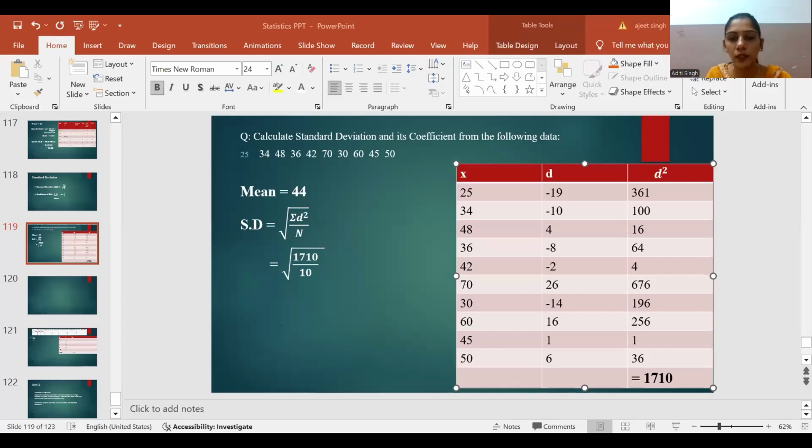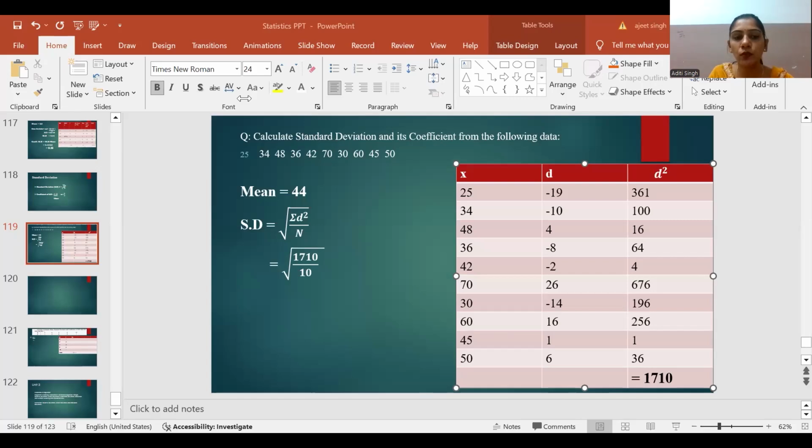So let's calculate it with the help of calculator. We first divide 1710 by 10. So the answer is 171.